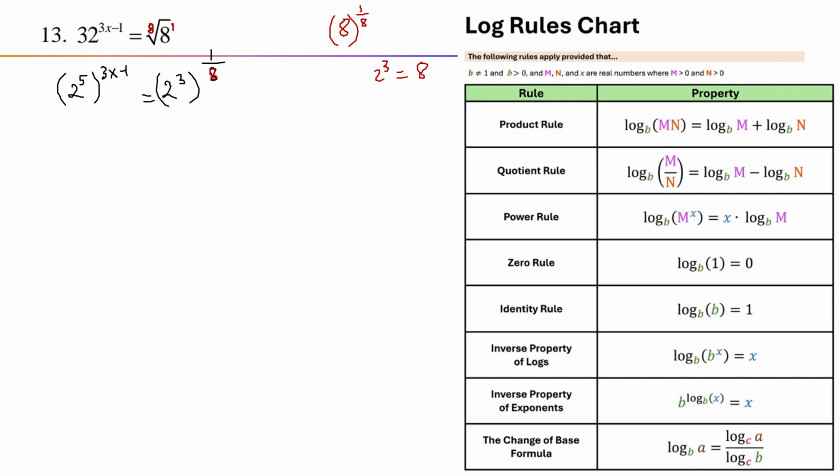Now you will have 2 to the power of 5 times 3x minus 1 equal 2 to the power of 3 over 8. 3 times 1 over 8 is 3 over 8. Okay, so you have 5 times 3x minus 1 equal 3 over 8.